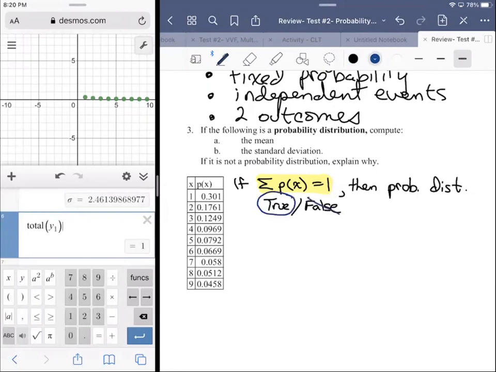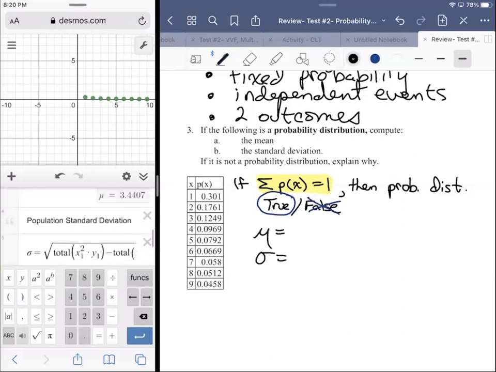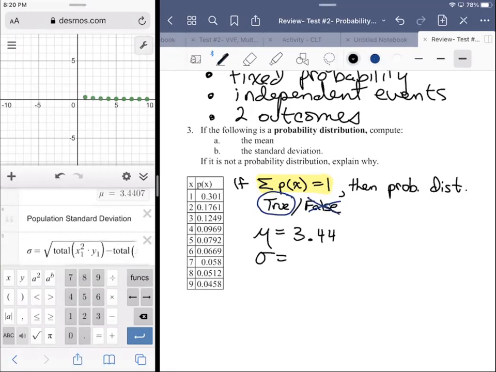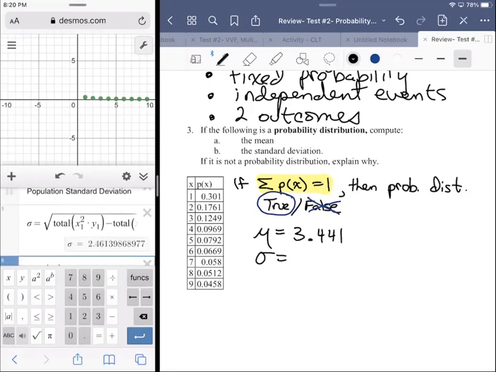That's my license to say mean, standard deviation, and then I just grab them from Desmos. 3.441. If we're rounding to 3 significant digits, just be careful about rounding instructions, 3 significant digits would be 3.44, and then 2.461.